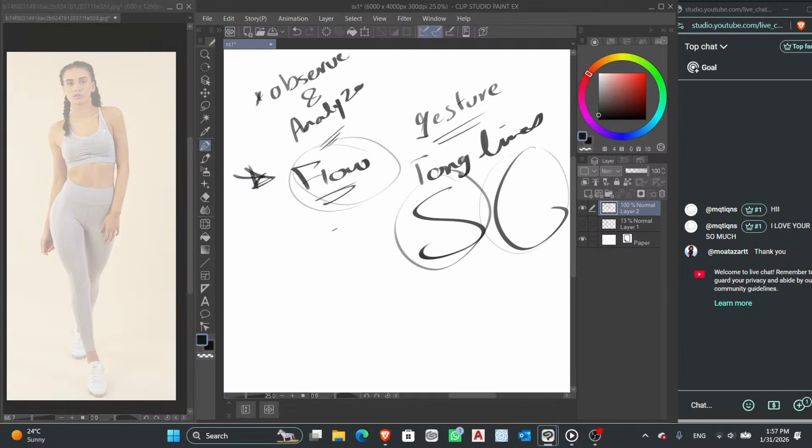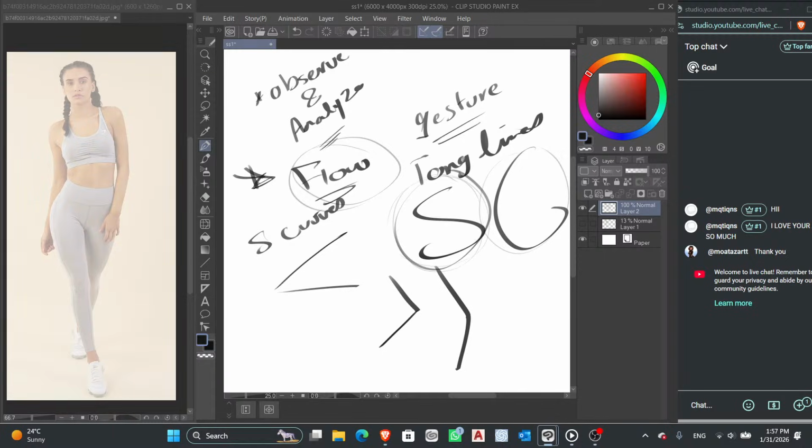Some people try to draw human figures, but they end up with stiff figures. That's because they don't know how to use the S curves and the C curves, and they incorporate too many straight lines while drawing, like this. That will make it look stiff.